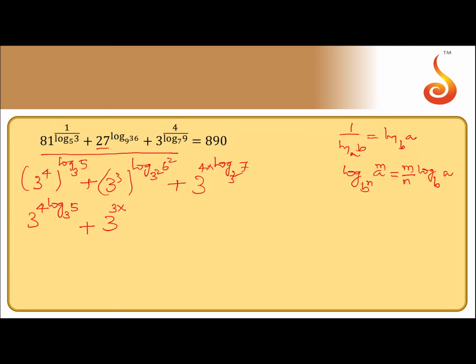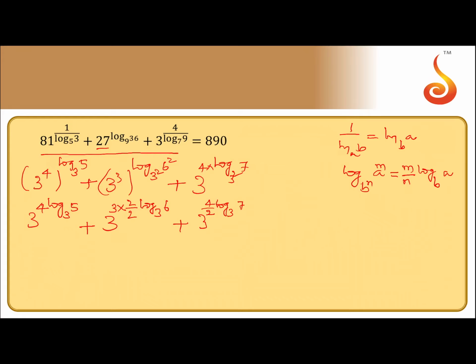So by using that: 2 by 2 log 6 to the base 3 plus 3 times 4 by 2, because this 2 comes to the denominator, log 7 to the base 3.